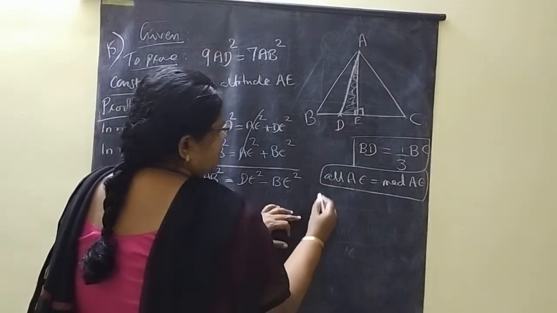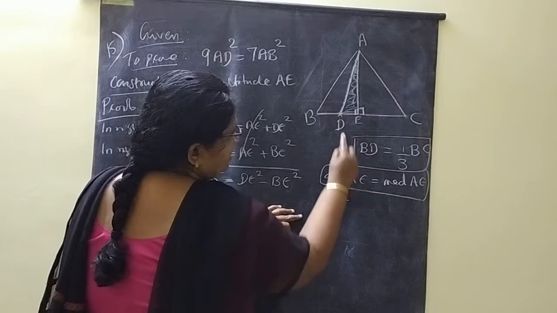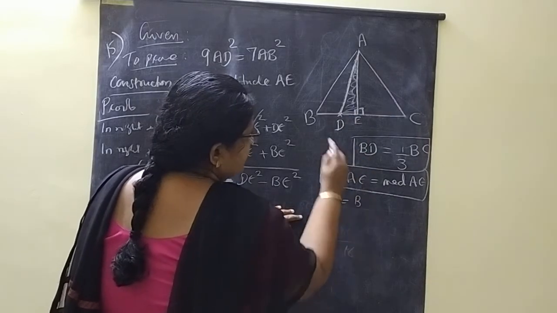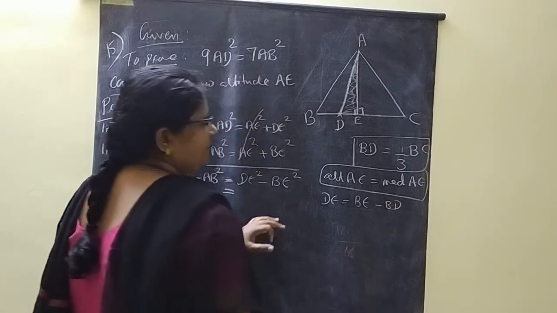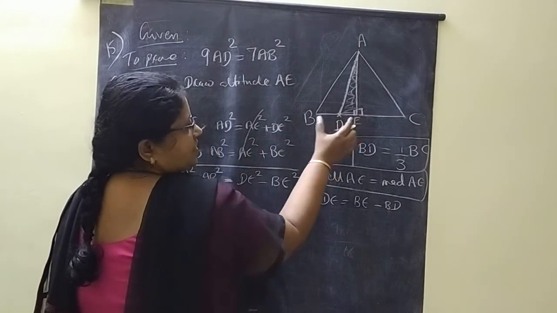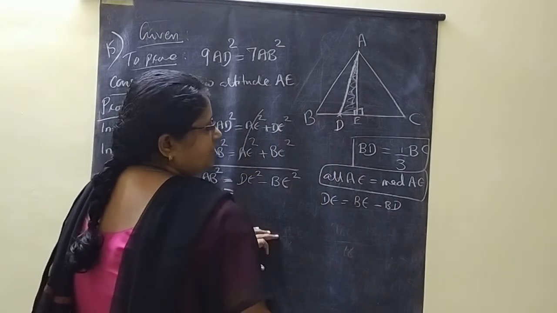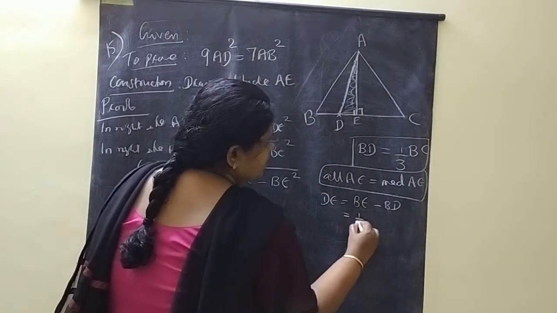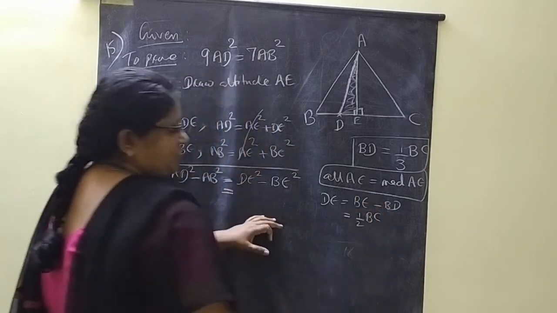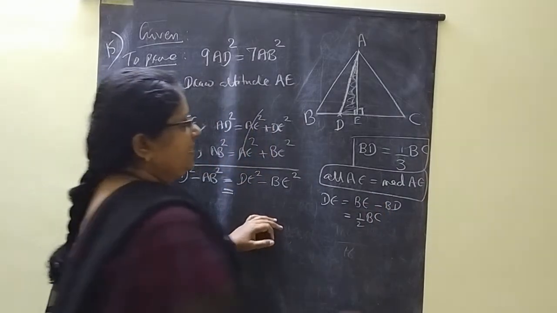Okay. Now you see DE. What is DE? It is BE minus BD. See the figure? DE is equal to BE minus BD. Now, what is BE? It is half of BC. Isn't it? Why?